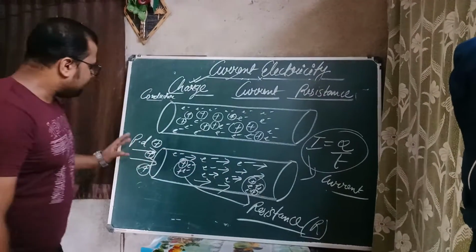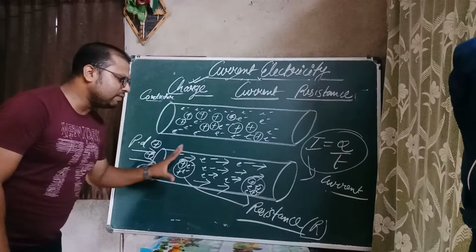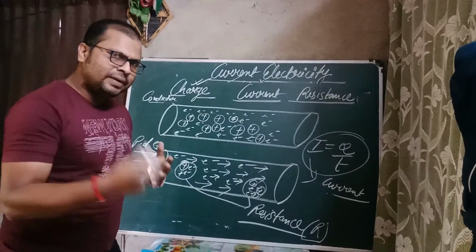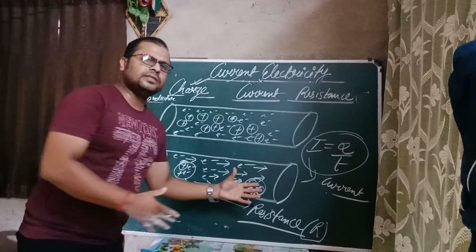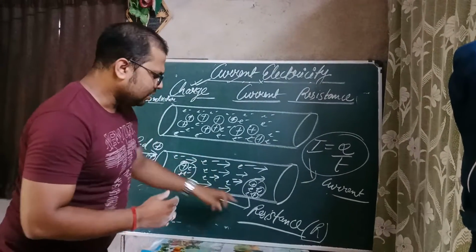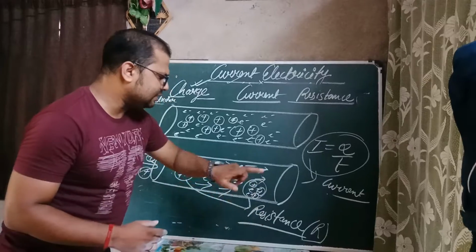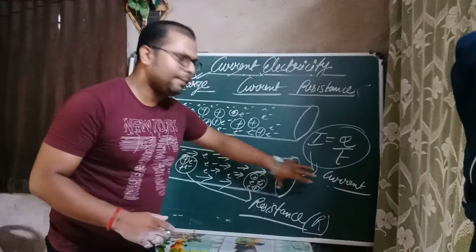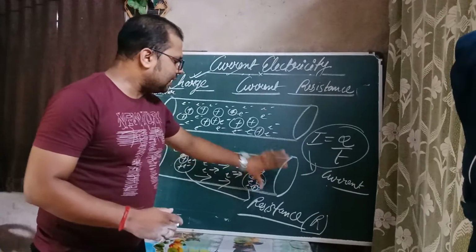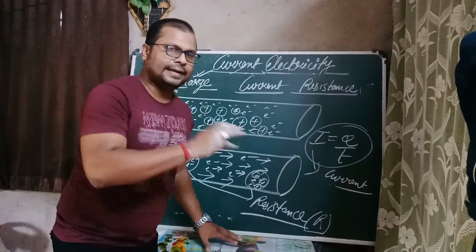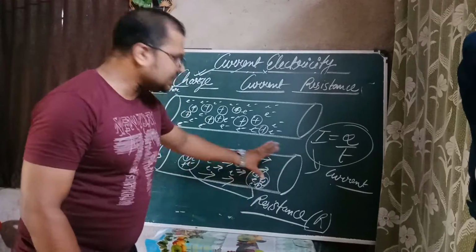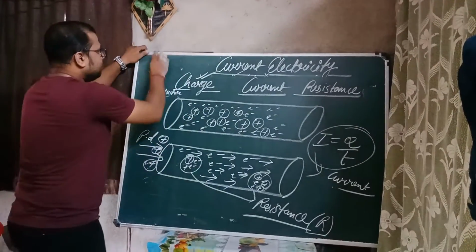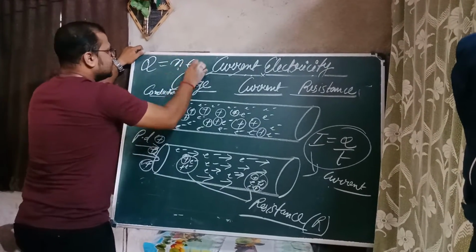Resistance. When we supply the potential difference across the ends of the wire, the electrons get a direction. They need to move. And during movement, what happens? Some of the electrons collide with each other, so they are creating resistance there. But the electrons which are supplying the charge to the appliances are only the participating electrons. So the total charge, how can we calculate? The total charge which is reaching the appliance will be calculated by this formula, students.